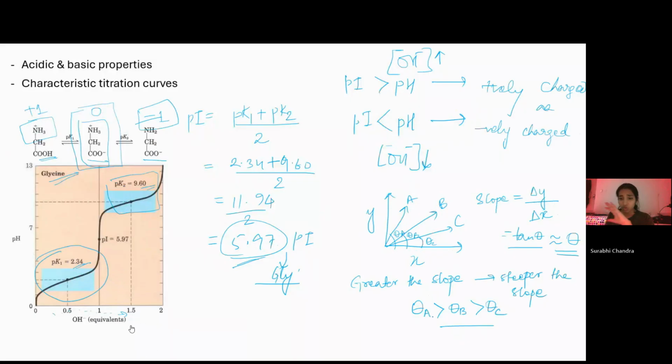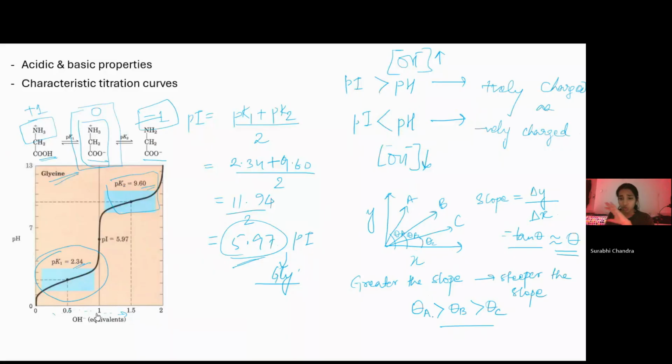Suppose this is at one concentration of OH, when it is 1, you see this particular value. However, if you increase it even to 1.2, it gives a much larger change in the y-axis, right?